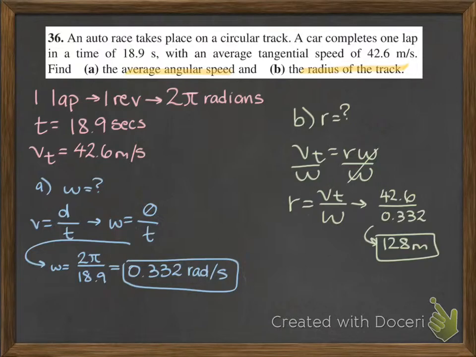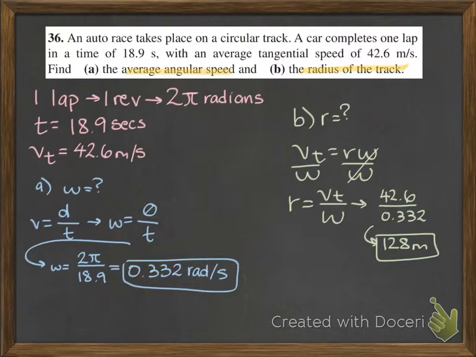We know that velocity is distance over time, so we can also say that angular velocity is theta over time. We already know our distance because it's 2 pi, and then we put it over 18.9, which is our time, and we'd have the angular speed of 0.332 radians per second. Now we go to part B, the radius of the track.